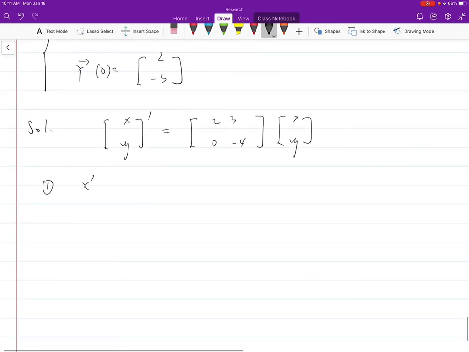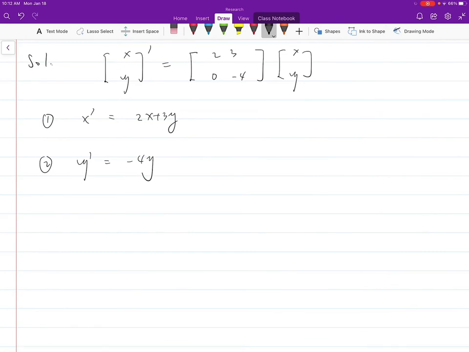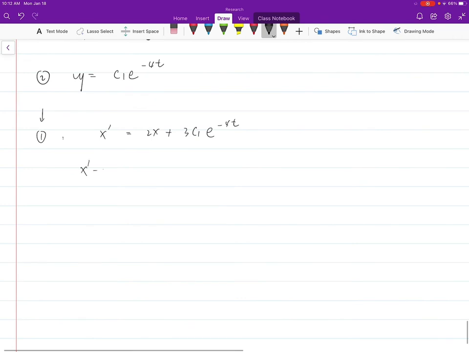Okay, then we have number 1, number 2. With that in mind, we realize, okay, the second one is self-sufficient. Therefore, y can be solved. We use the constant C1. Then we plug it back into 1. Then we have x prime. Then we can move this one to the other side and realize it's linear.